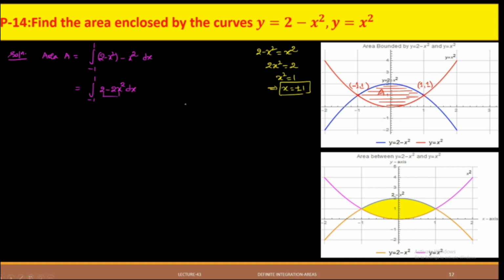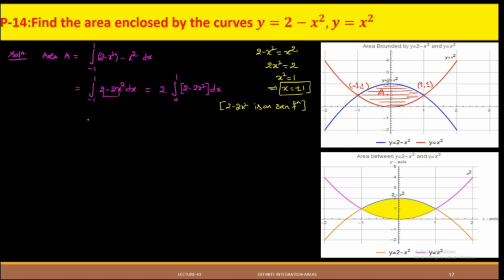So this can be written as 2 into integral 0 to 1, 2 minus 2x square. So we are using a result of definite integrals here to simplify this integral. The reason here is 2 minus 2x square is an even function.